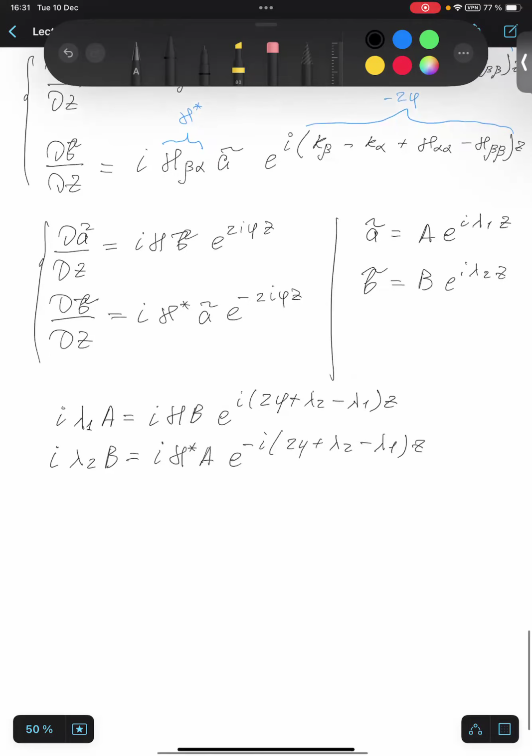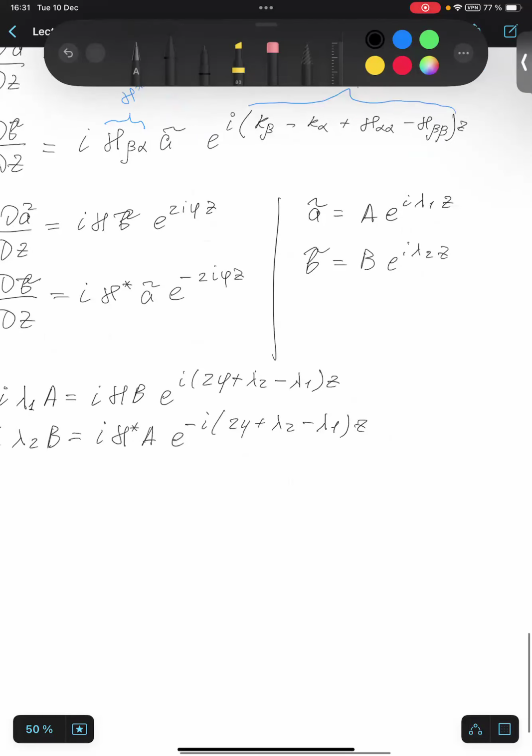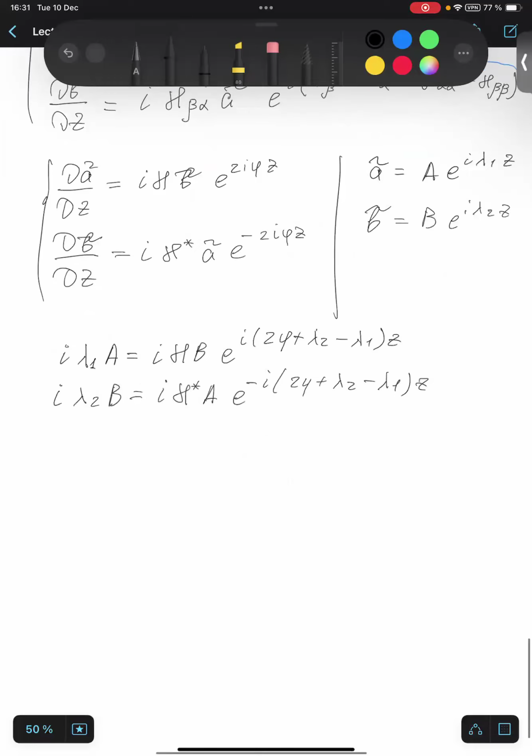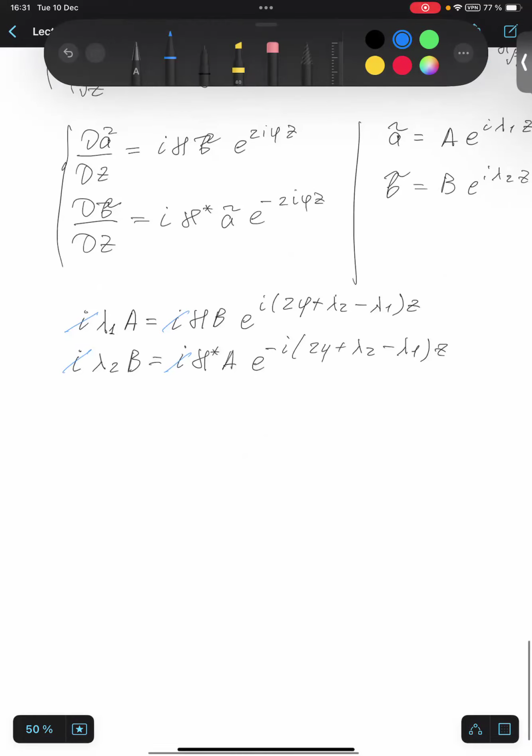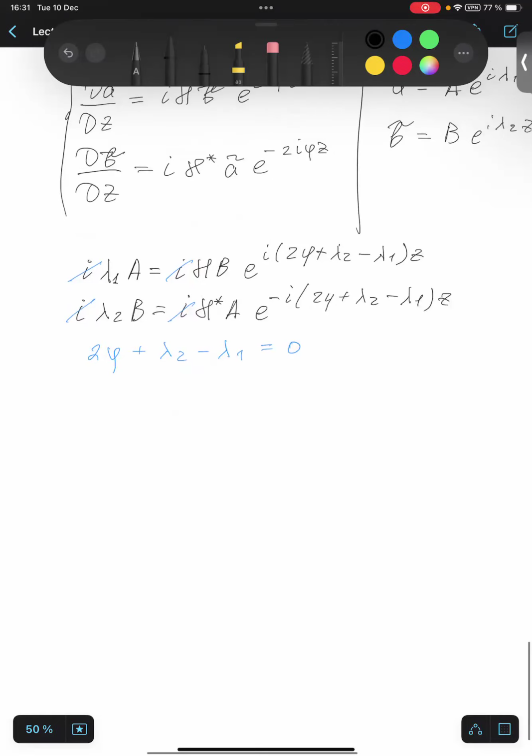And we also see that to have a solution, first of all, I will neglect imaginary units, we should write that 2 phi plus lambda 2 minus lambda 1 equals 0.